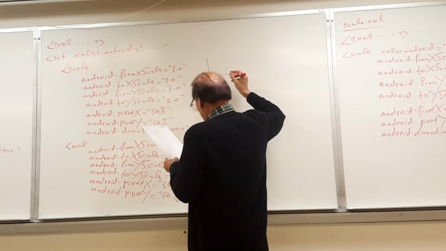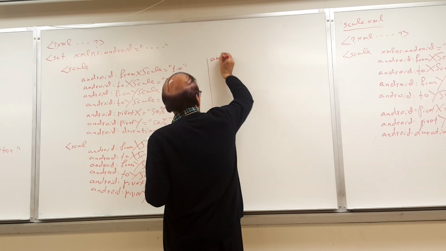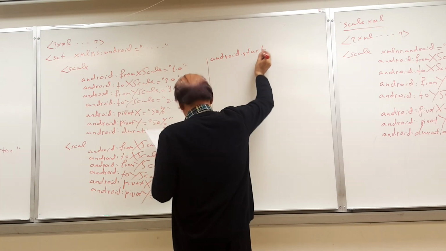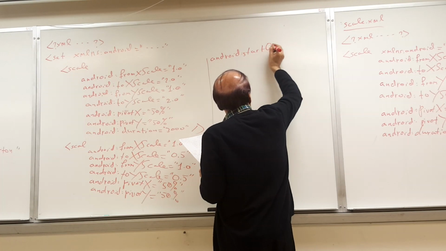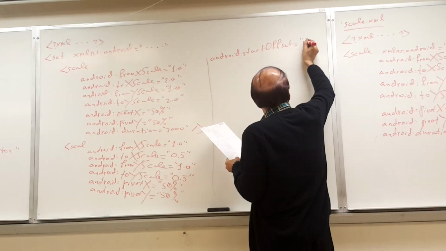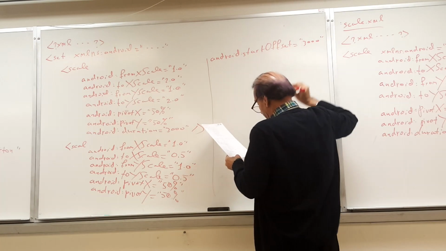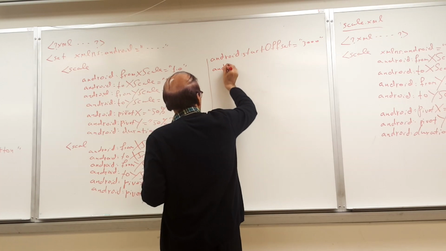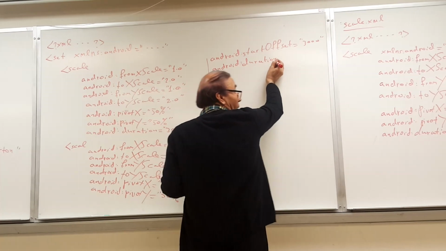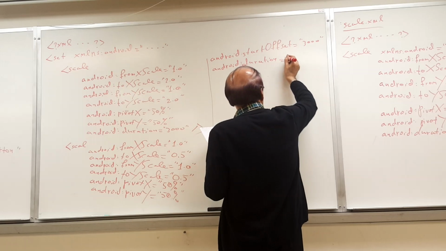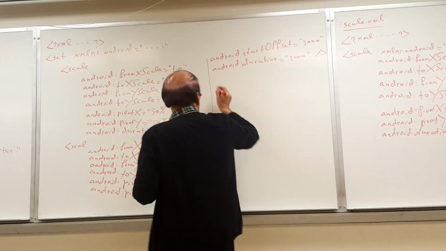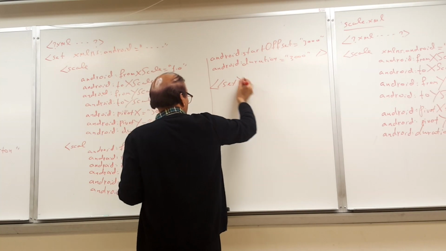Android colon start offset equal 3000 and Android colon duration equal 3000. Close this and close that. Okay.